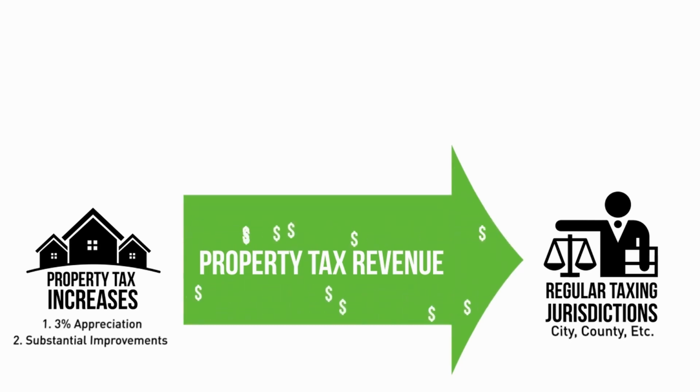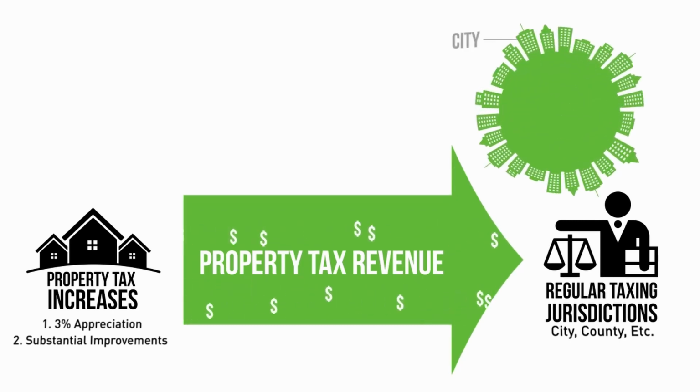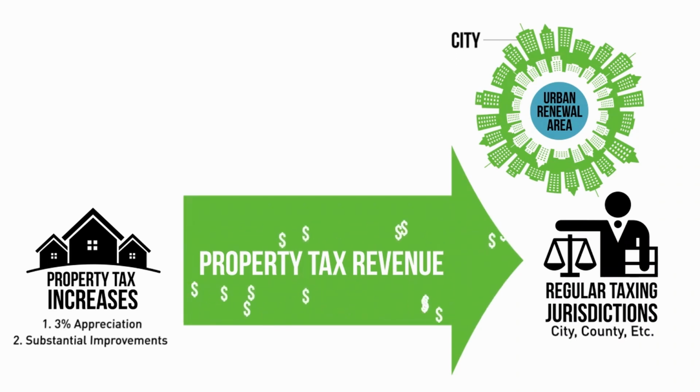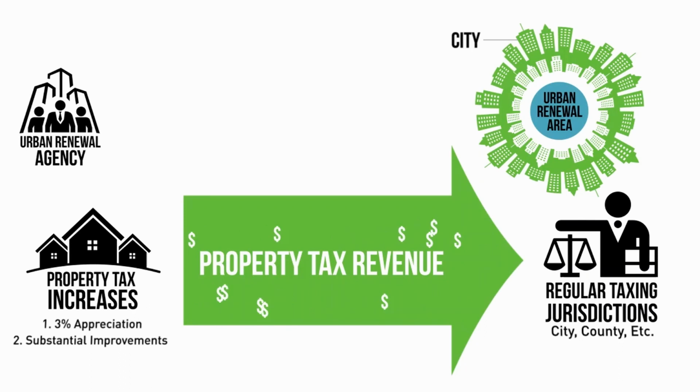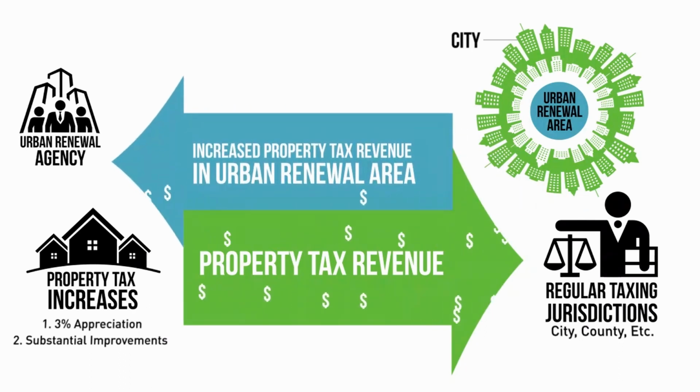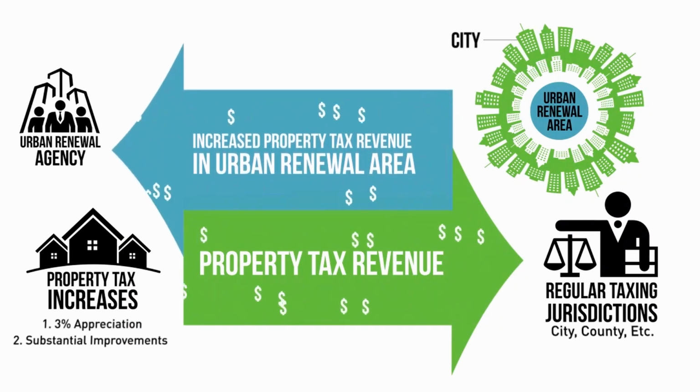When a city identifies a particular location as an urban renewal area, the property tax revenue stream is altered to include revenue for the urban renewal agency. The property tax revenue stream is altered such that the amount of increased property tax revenue generated by the urban renewal area is redistributed to the urban renewal agency.